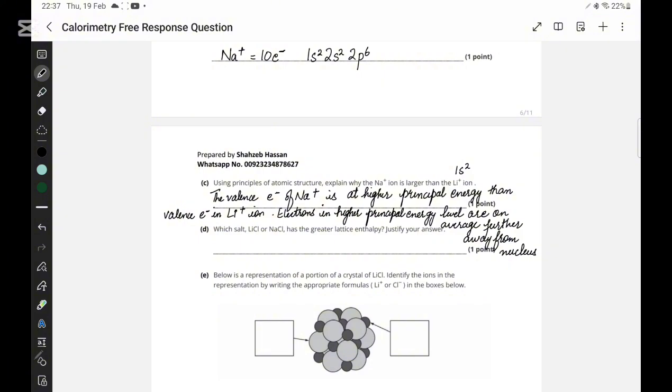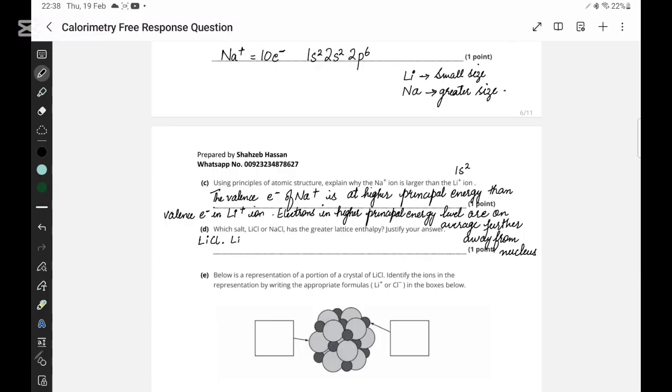Which salt, LiCl or NaCl, has the greatest lattice enthalpy? As we know, lithium is present higher in the group and it is going to have a small size, and sodium is going to have a greater size. So which salt, LiCl or NaCl, has greater lattice enthalpy? That is going to be LiCl. Why?